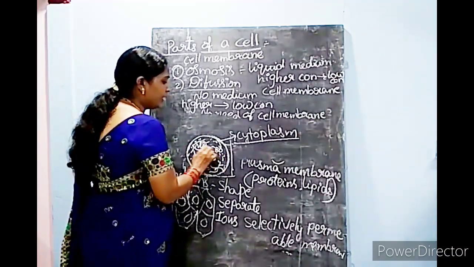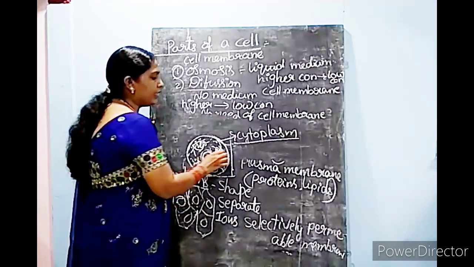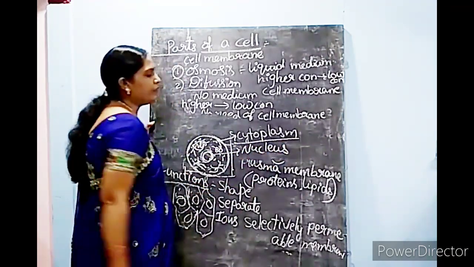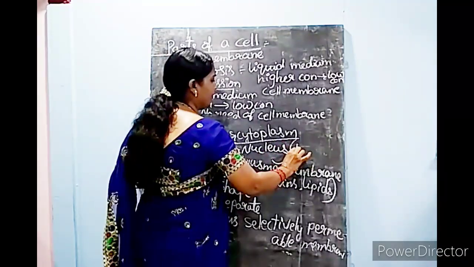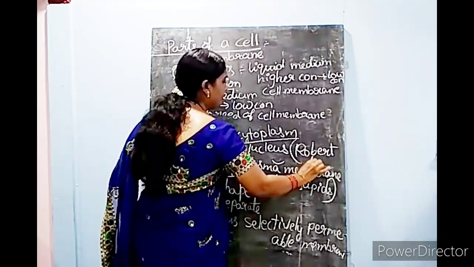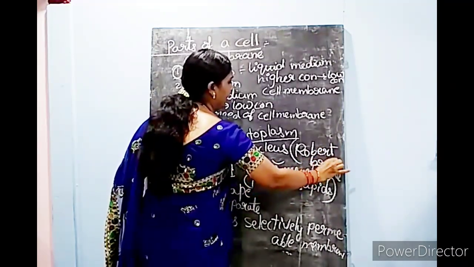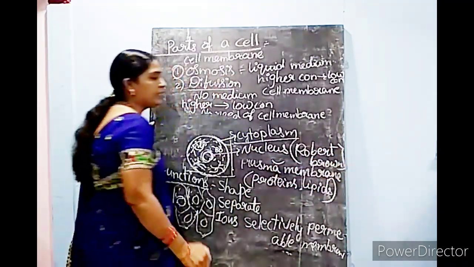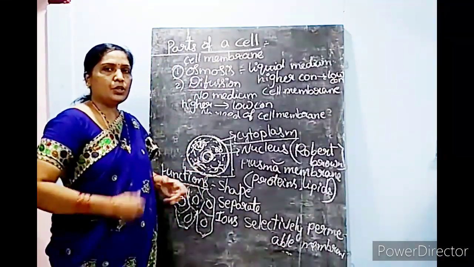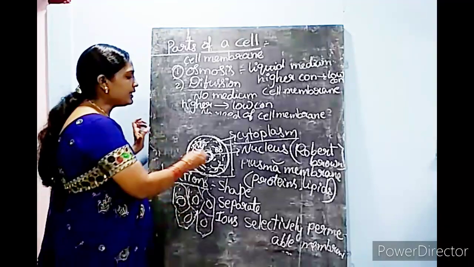Now the last part, the third component, is the nucleus. The nucleus was identified by a famous scientist known as Robert Brown. Robert Brown first identified the presence of the nucleus in 1851. The nucleus has a membrane.